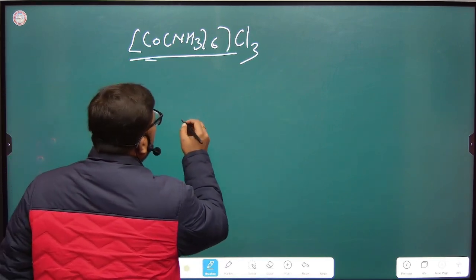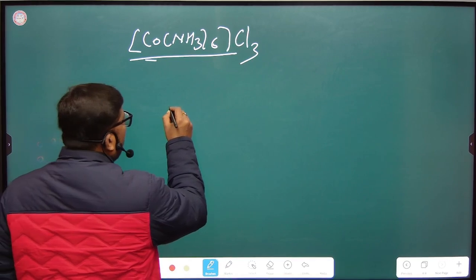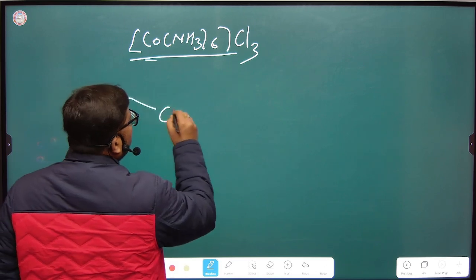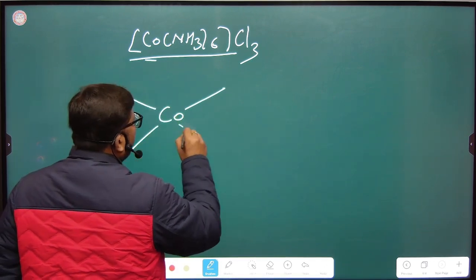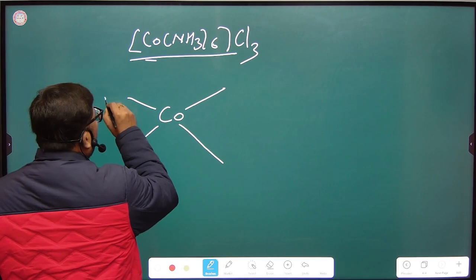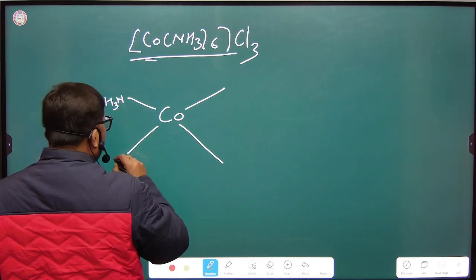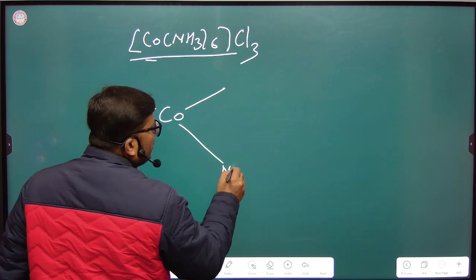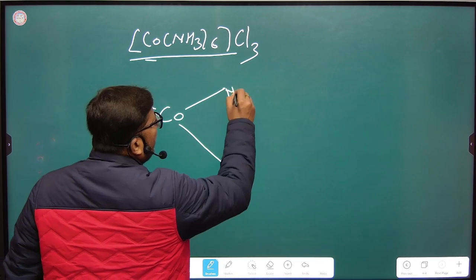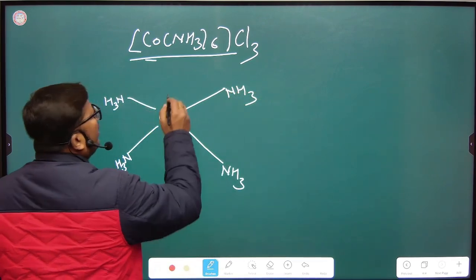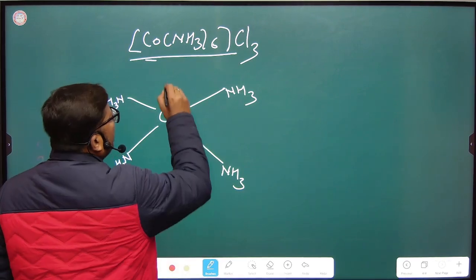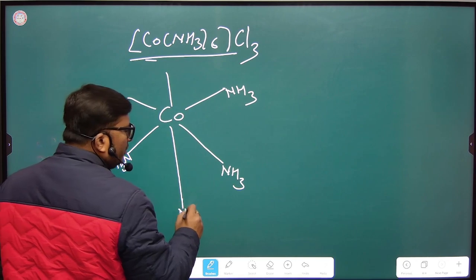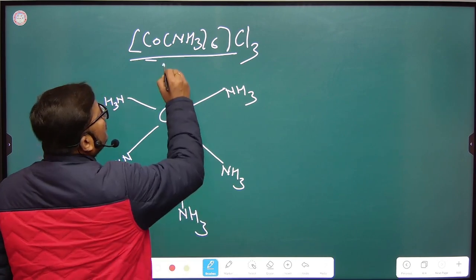So the structure that was predicted has 6 ammonia molecules: H3N, H3N, NH3, NH3, with one up out of the plane and another down out of the plane.